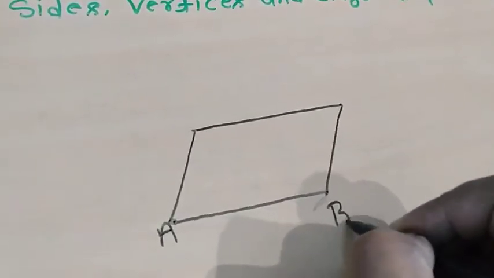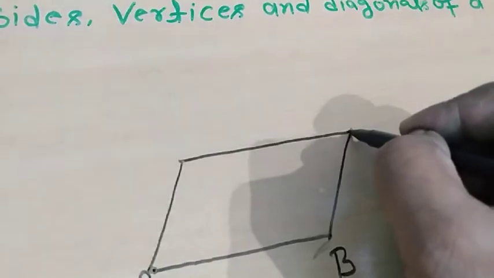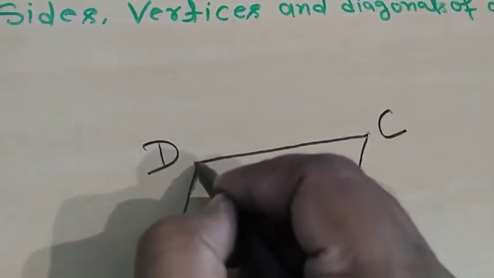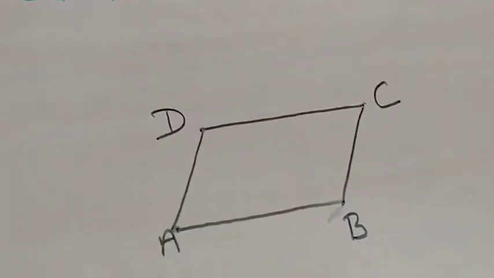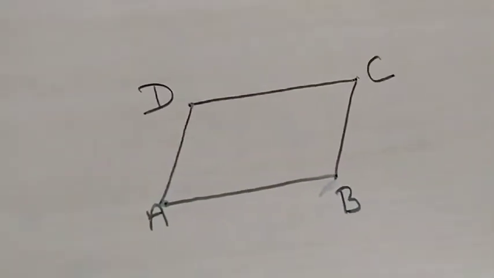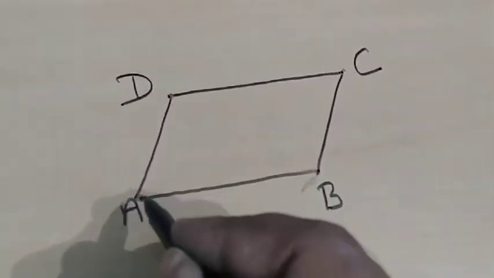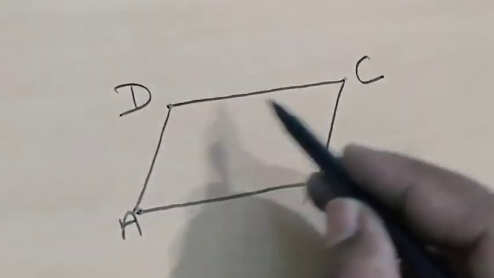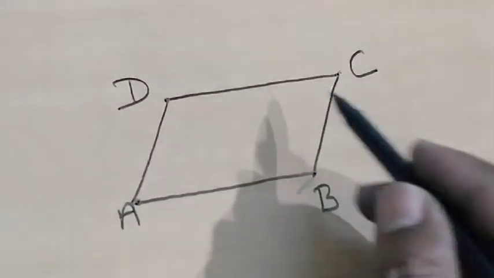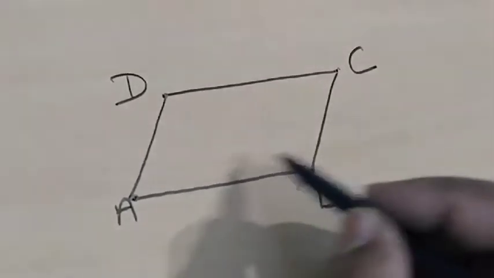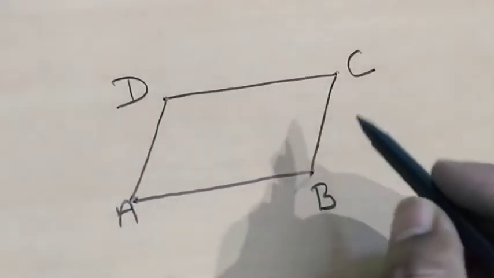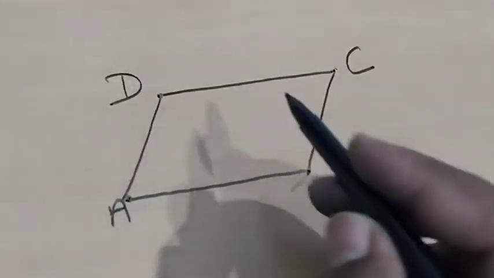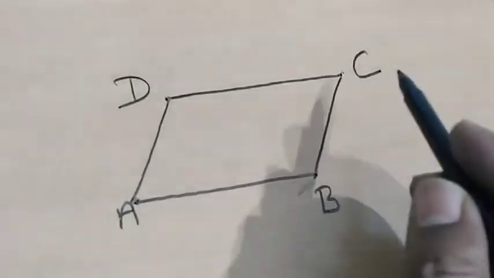We put here point B, here point C, and here point D. So A, B, C, D are the vertices. Clear? This corner is A, this corner B, this corner C, and that corner is D. These are the vertices of the polygon.